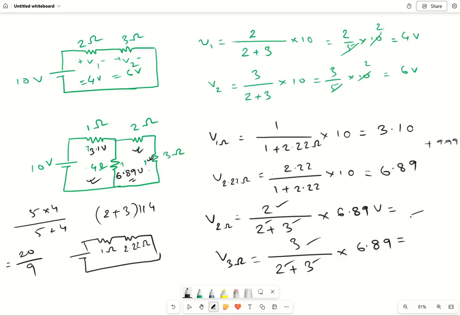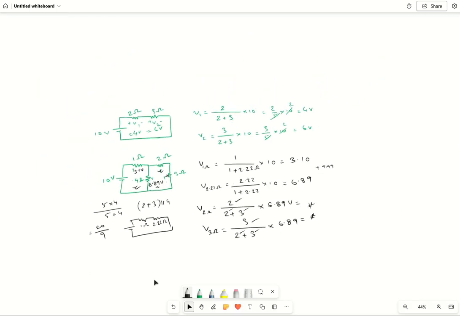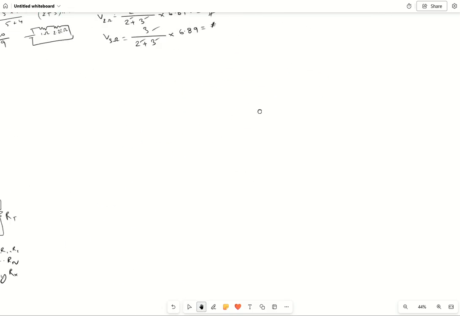Whatever we get, that is our answer. So like this we can solve any circuit using the voltage division rule. This is quite interesting, right? Similarly, if we consider the current division rule, that is far more interesting.